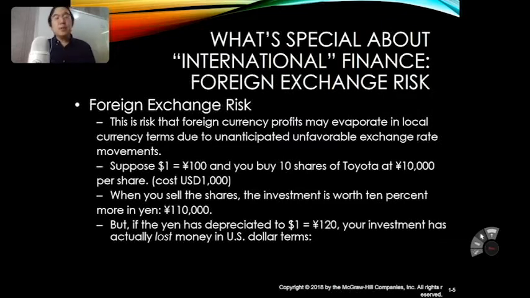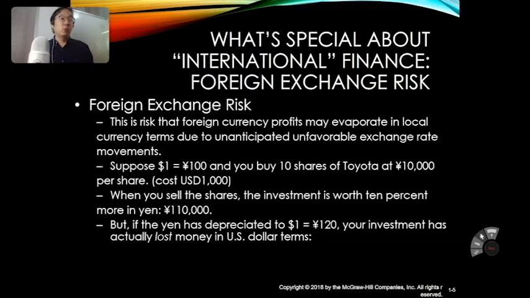By the time you sell the shares, let's say 1 year later, the investment is worth 10% more. Good, right? Toyota earned some money. So the share price turned out to be 1,100 Japanese yen. Now, unfortunately, if the yen depreciated to 120 yen per dollar, 20% depreciation, then what must have happened to your investment?